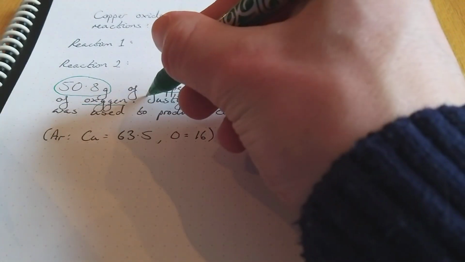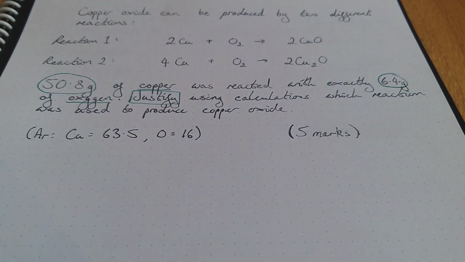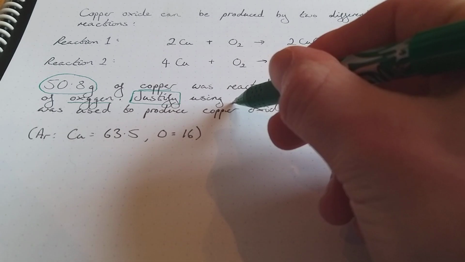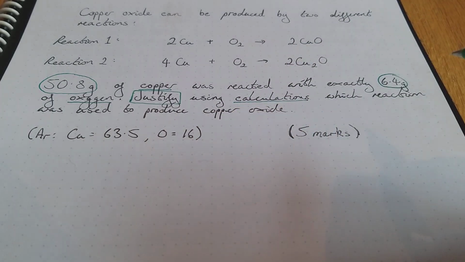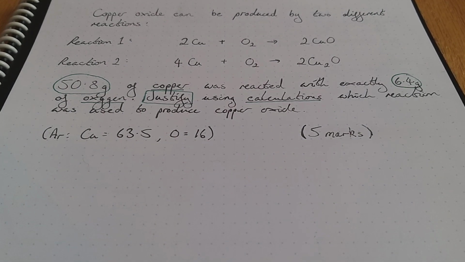Justify, that's our command word, so we need to give a reason for our answer. Using calculations, so we need to show our calculations, which reaction was used to produce copper oxide. And we've been given the relative atomic mass of copper and oxygen that we'll need to use for this reaction.